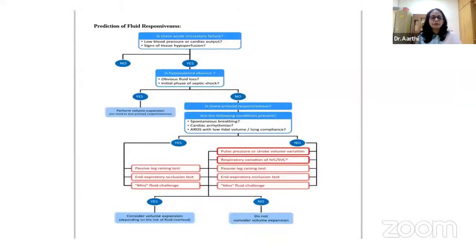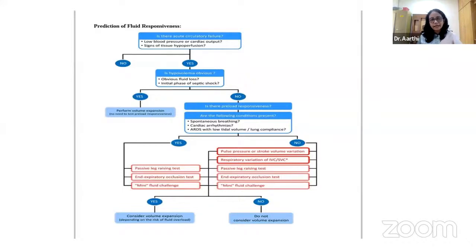To summarize, what type of monitors can we utilize in patients with acute circulatory failure? When we have low blood pressure, low cardiac output, or signs of tissue hypoperfusion, you need to assess whether to give fluids or restrict fluids. When there is fluid loss or septic vasodilated shock, it is obvious that we go for volume expansion.